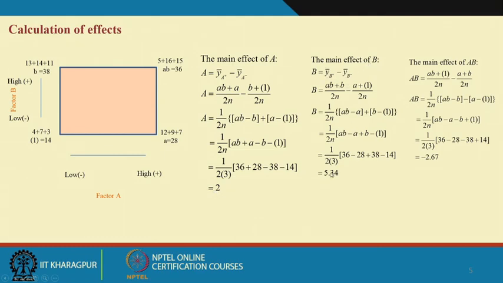Then the main effect of B is 5.34. If you change B from minus 1 to plus 1, that means a 2 unit change in B in this coded scheme, it will change y by 5.34 units, and the interaction effect is minus 2.64.